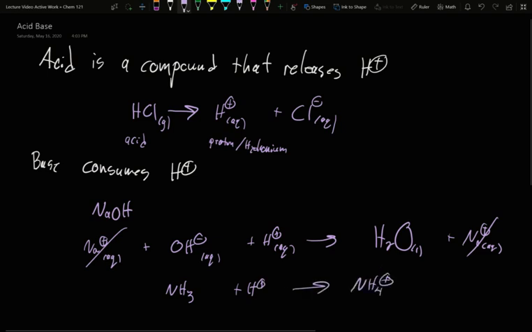This is where we get the polyatomic cation. Both of these are bases because they consume H+ in solution. Our hydrochloric acid is an acid because it releases H+ as part of its reaction. So these are working definitions for acids and bases.